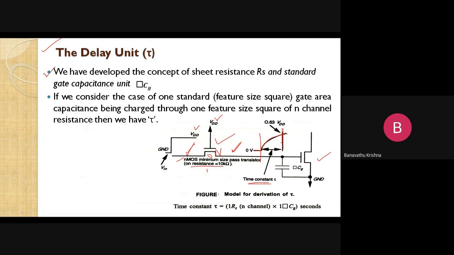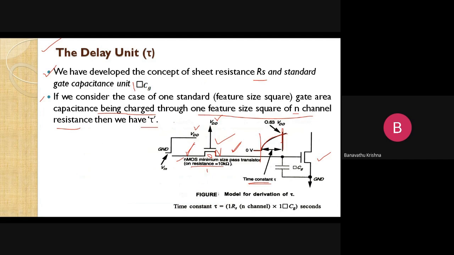Here we have developed the concept of sheet resistance Rs and standard gate capacitance, one square Cg, right? If we consider one standard unit, feature size square gate area capacitance being charged through one feature size square of N channel resistance, then we have tau.